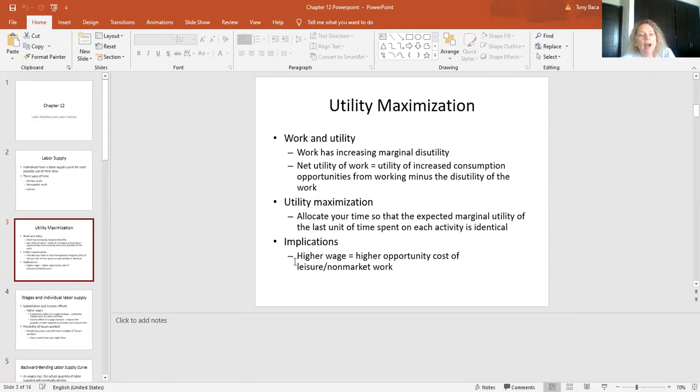A higher wage equals a higher opportunity cost of leisure or non-market work. The more money you make, really the harder it is to justify leisure or non-market work to an extent, okay? This is why people who make very high incomes, very high wages, pay other people to do non-market work for them.